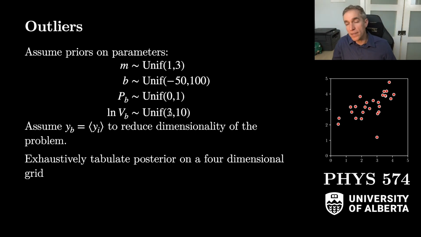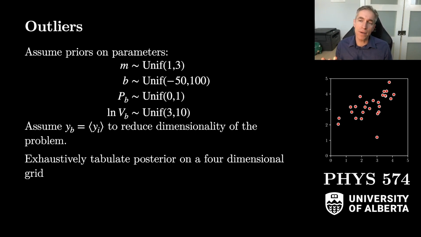For purposes of getting something done without the full toolkit that we want to deploy here, I had to assume that the mean of the bad data was equal to the mean of the observed data. That reduces the dimensionality of the problem. Right now, our priors are 4-dimensional, and if I add another one, it becomes 5-dimensional.